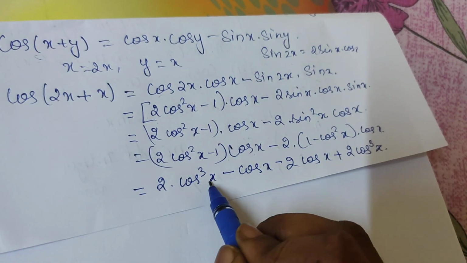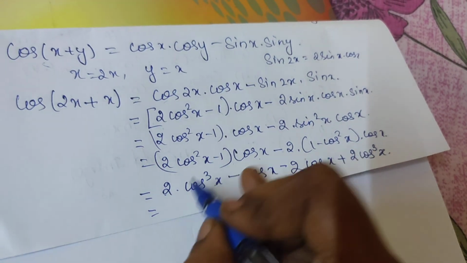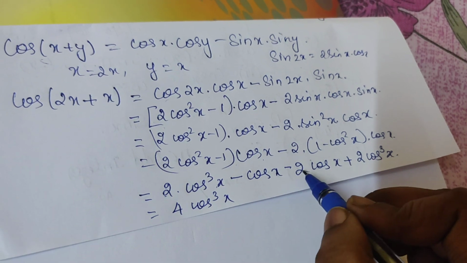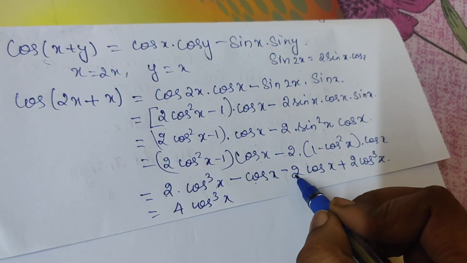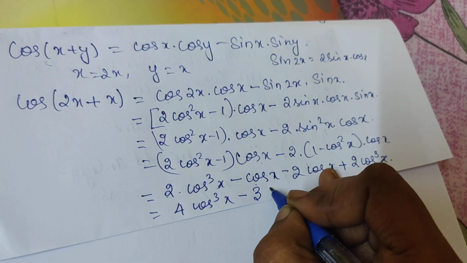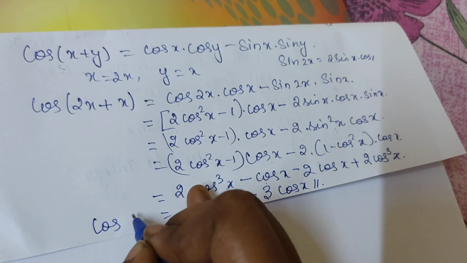So 2 cos cube x and 2 cos cube x together is 4 cos cube x. Then we have minus cos x minus 2 cos x, these two are like terms, so this can be written as minus 3 cos x. This is another form of cos 3x.